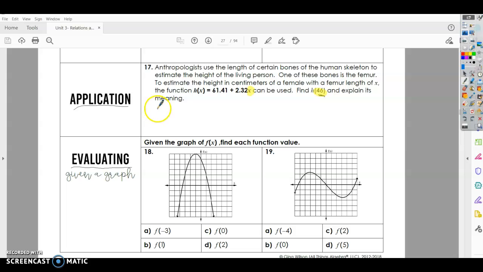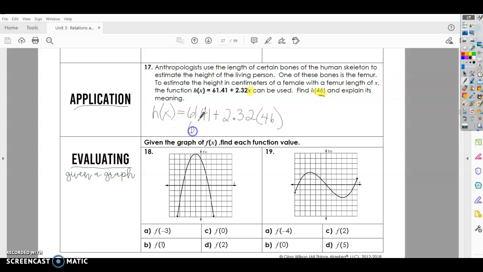So we're going to rewrite this as h of x equals 61.41 plus 2.32 times x, and we're going to use 46 as x. So using my calculator, I'm going to do order of operations. So I'm going to do 2.32 times 46.